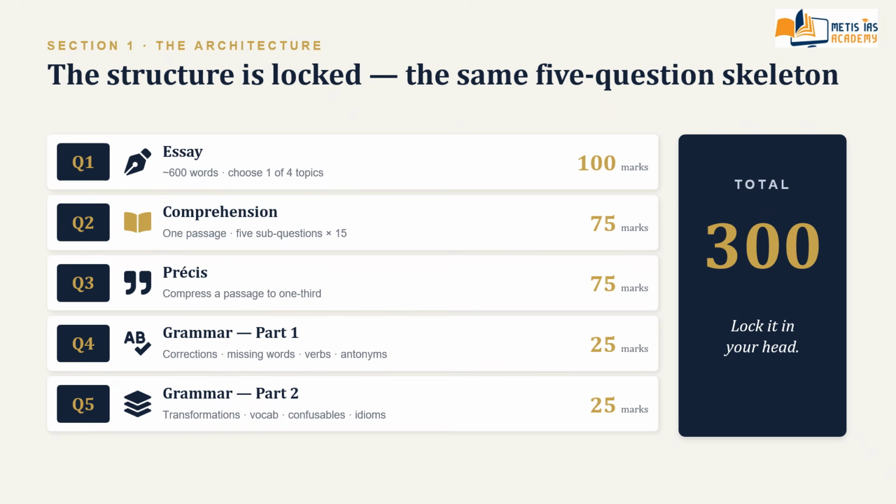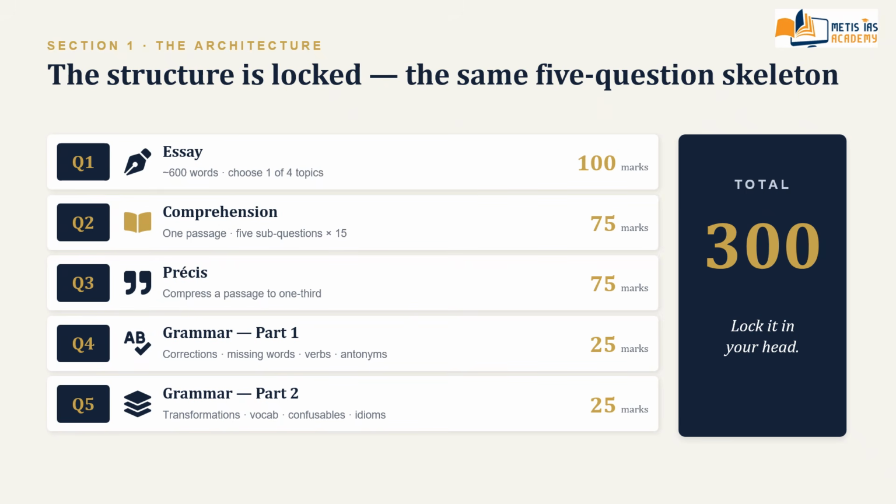Next one is question number 4, that belongs to grammar. In grammar part 1, it carries 25 marks: corrections, missing words, verb forms, and antonyms. Then moving to question number 5, that is grammar part 2: transformations, vocabulary, confusables, and idioms.